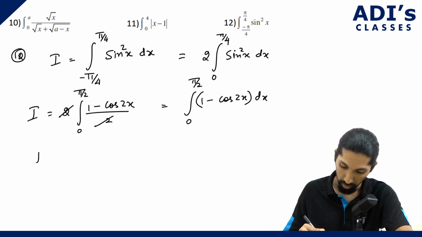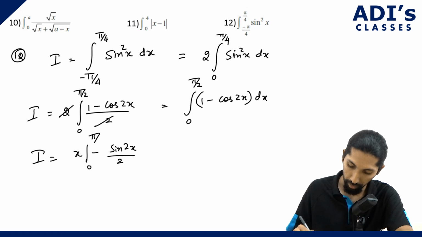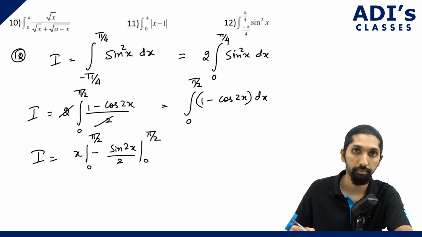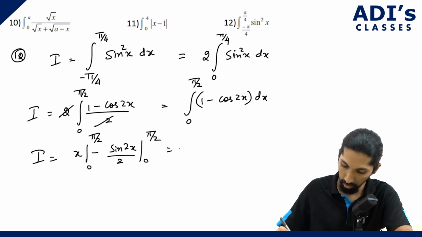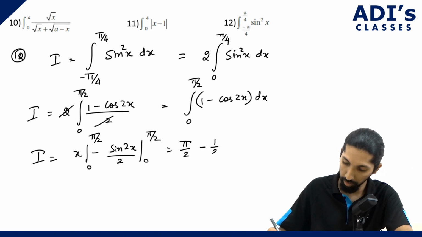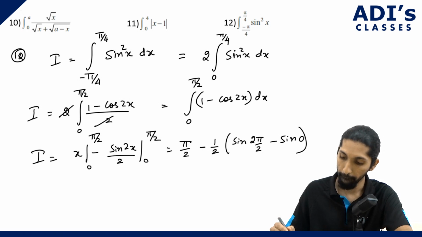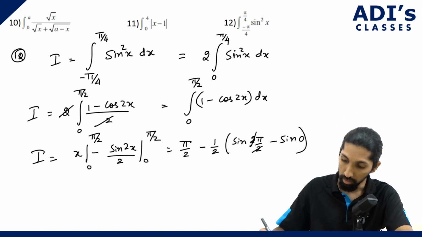So, I will be equal to x minus sine 2x divided by 2, from 0 to pi by 4. Correct? So, this is going to become pi by 4, the first part, minus 1 by 2 into sine of 2 into pi by 4 minus sine 0. Correct?